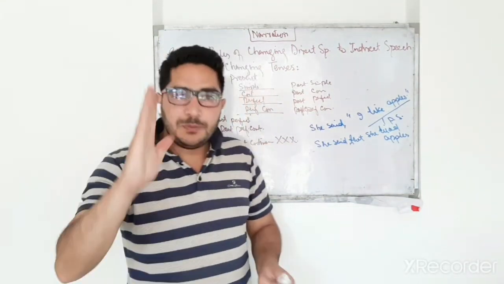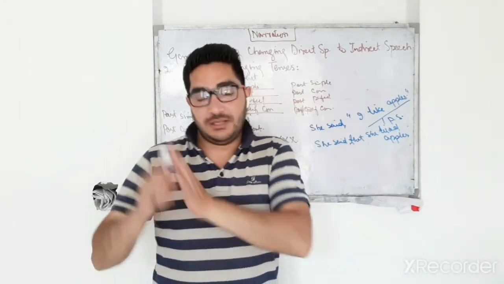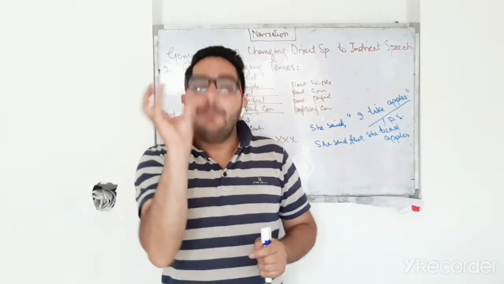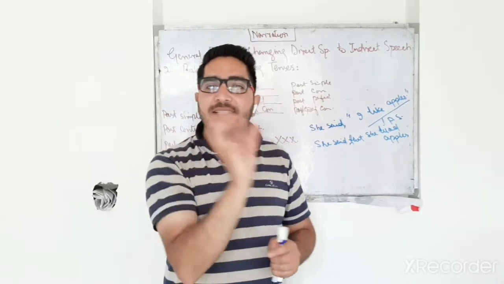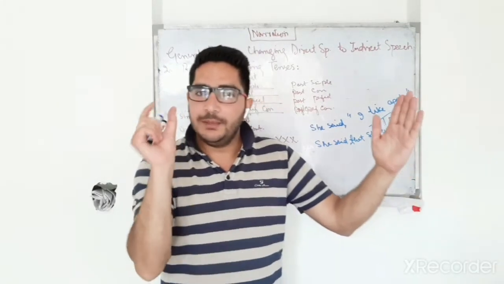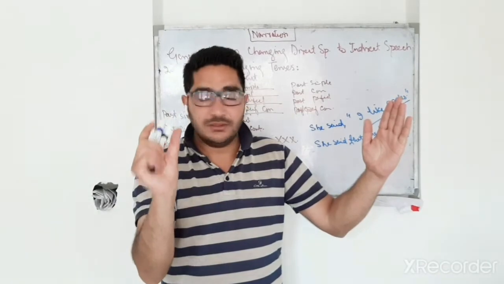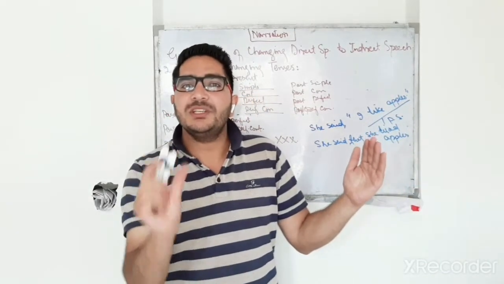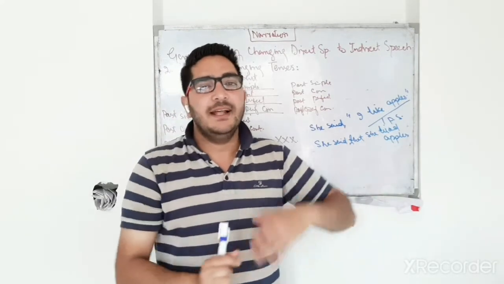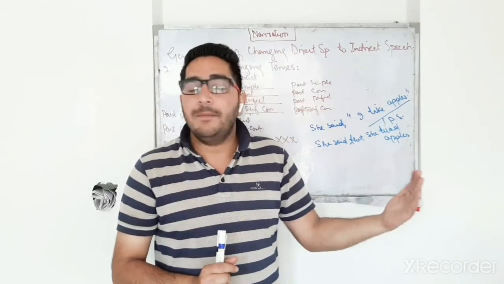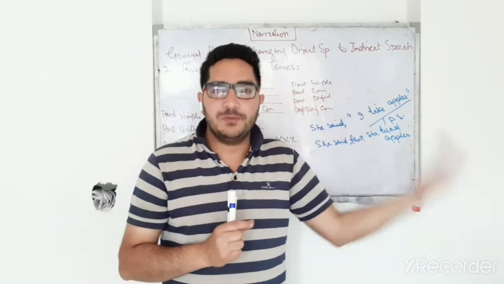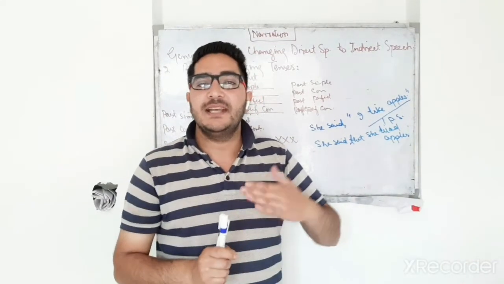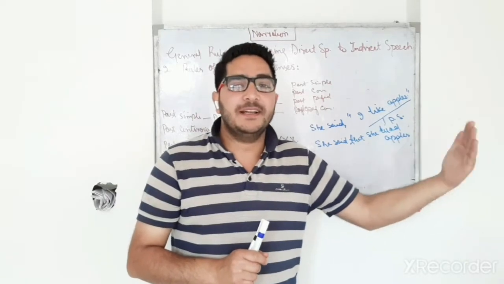So as far as present tense is concerned, that is changed into past tense. If the reported speech is in present simple, that becomes past simple. If it is in present continuous, that becomes past continuous. If it is in present perfect, that becomes past perfect. And if it is in present perfect continuous, that becomes past perfect continuous.